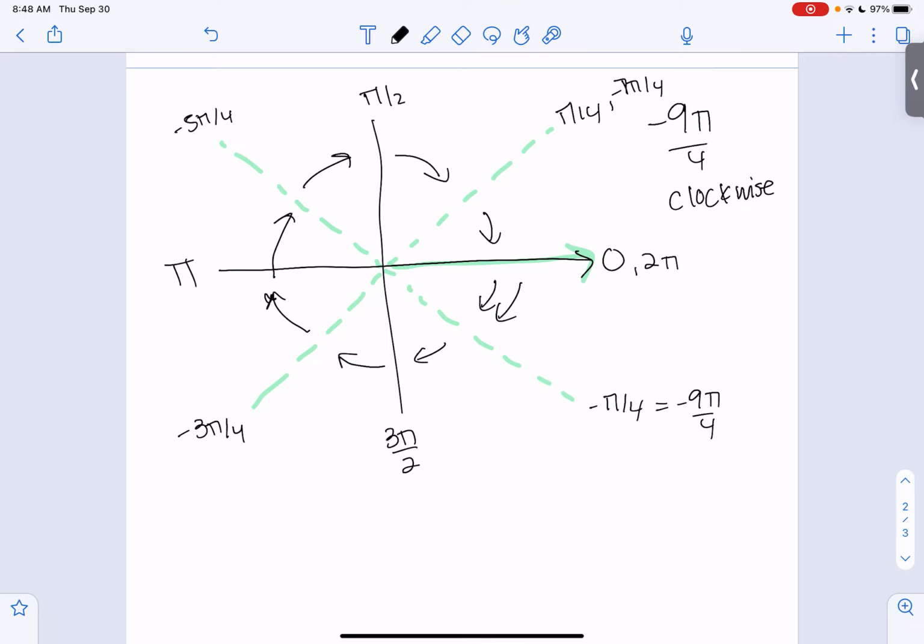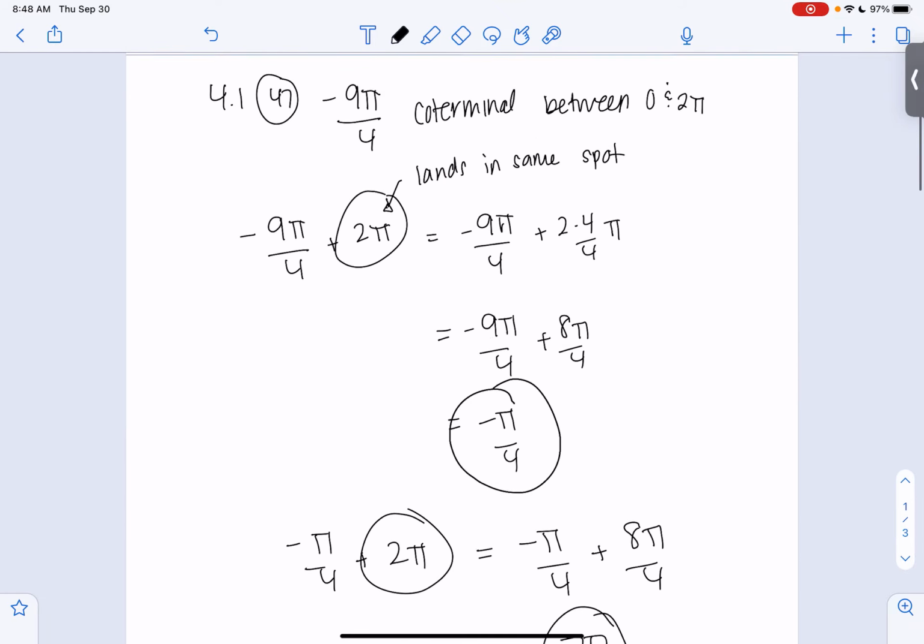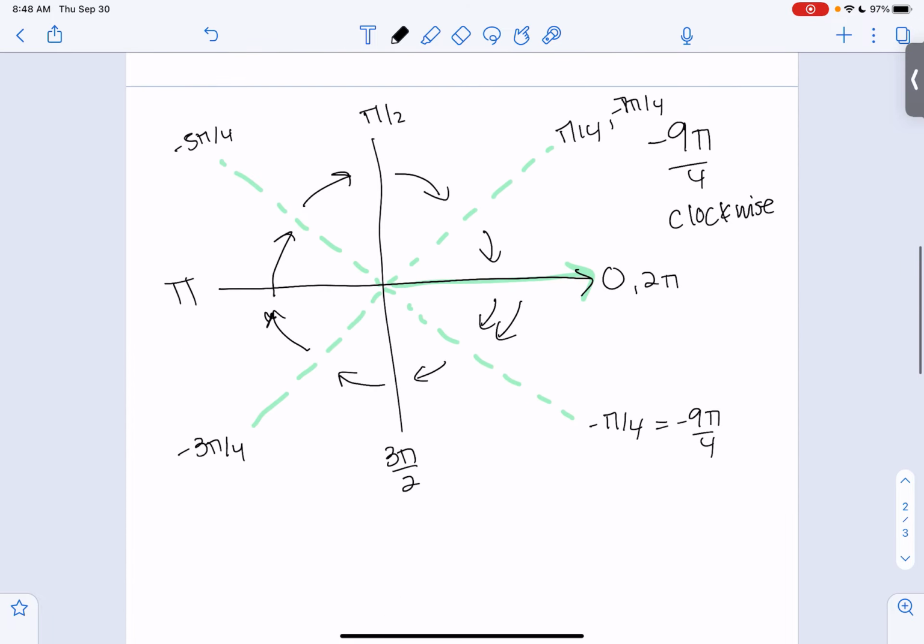That makes sense because remember earlier we found negative pi over 4, so those are the same angle. What's weird about trig is the same angle can be written in multiple different forms. So negative pi over 4 and negative 9 pi over 4 are the same angle.